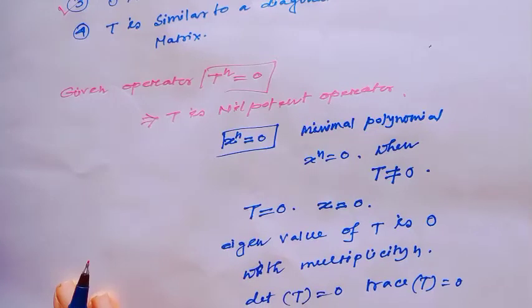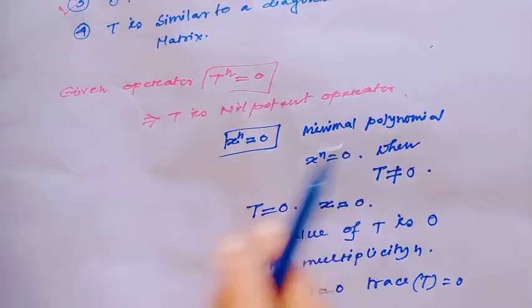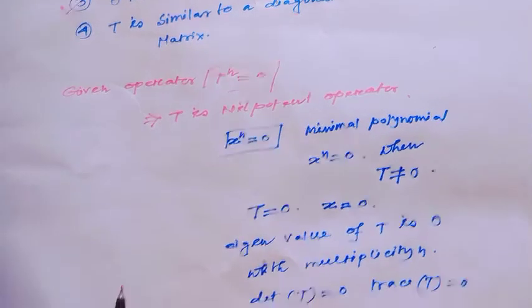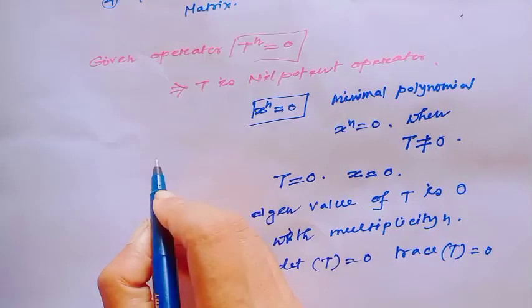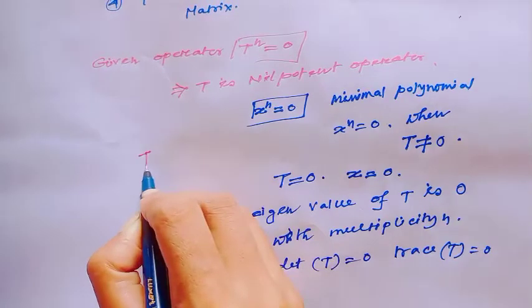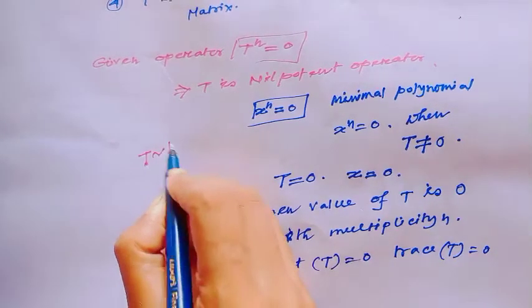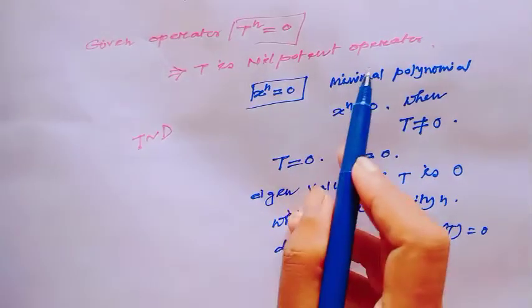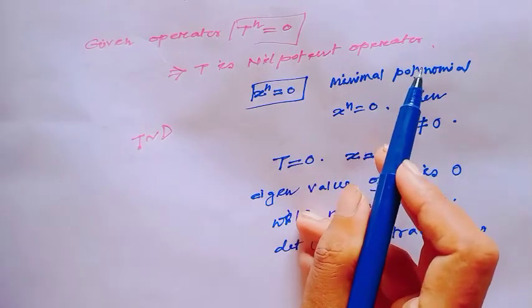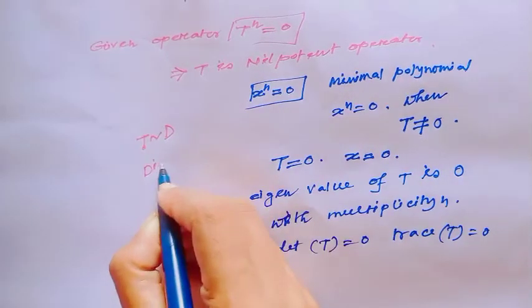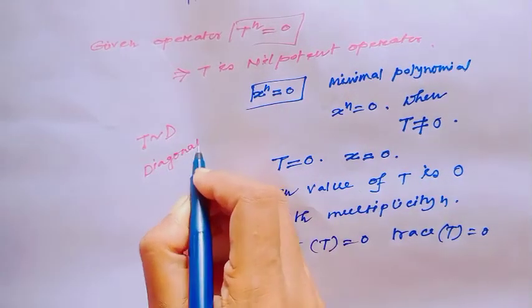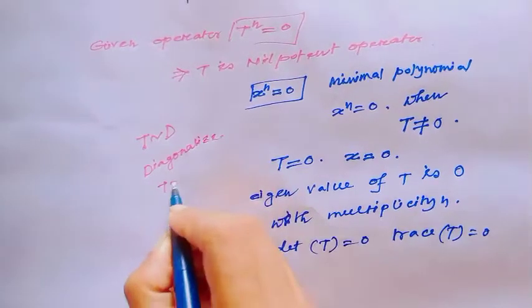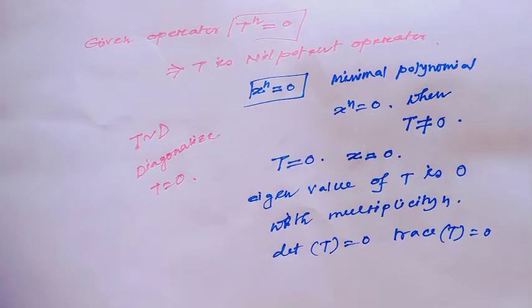Just recall the diagonalizability of a nilpotent operator. We all know when a matrix or a linear operator is diagonalizable, then it is similar to a diagonal matrix. But we also know a nilpotent operator is diagonalizable only when this operator is 0 itself. Otherwise the nilpotent operator cannot be diagonalizable.